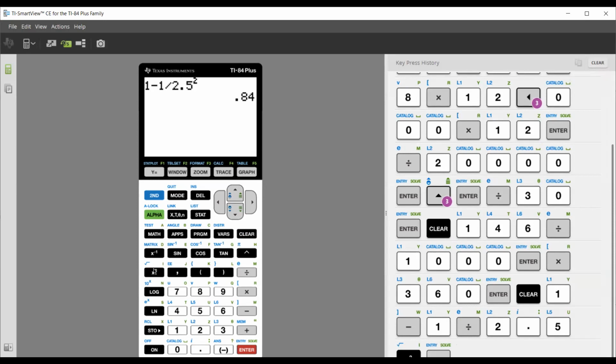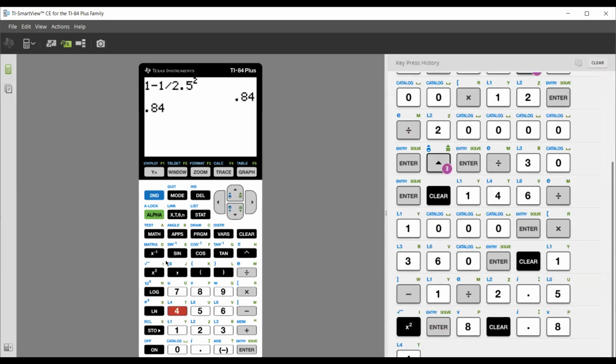And I get 0.84. If you want to show the work, you're going to multiply this by 100. So this will be 84%.